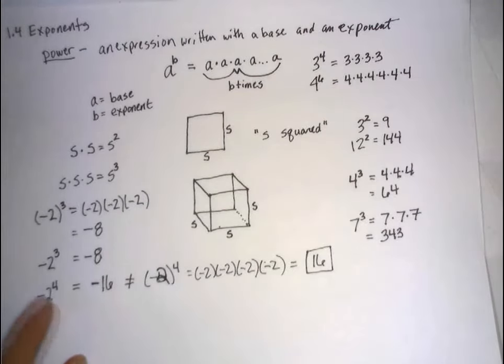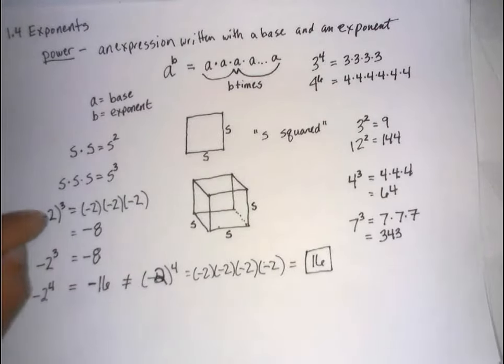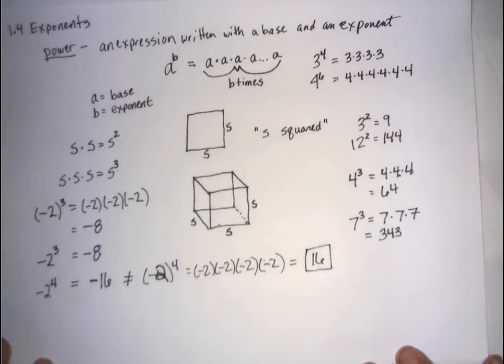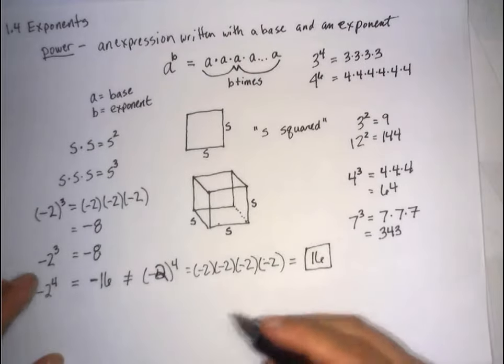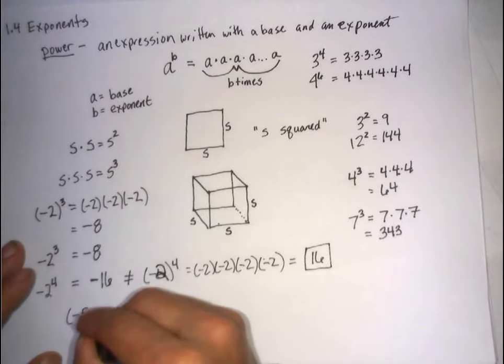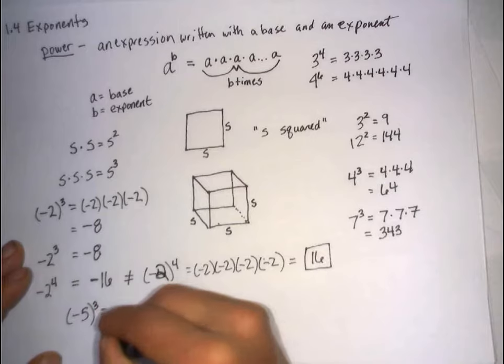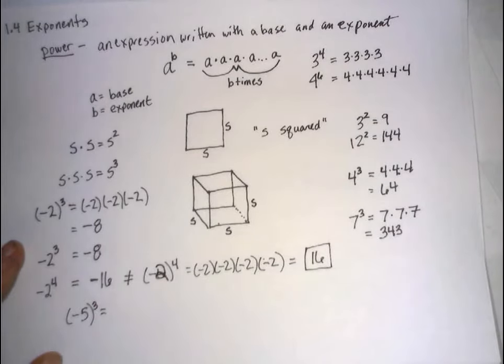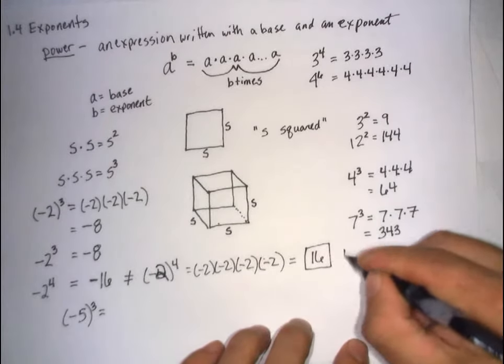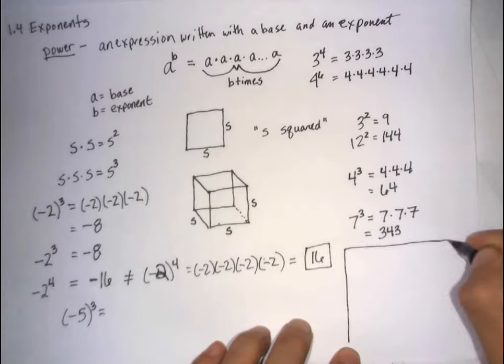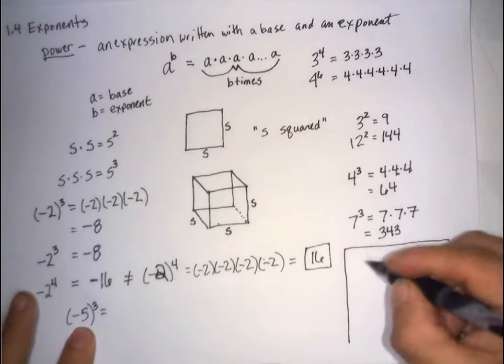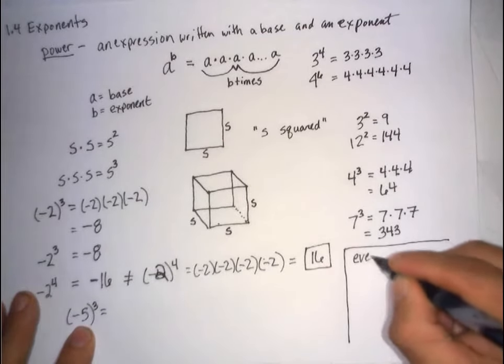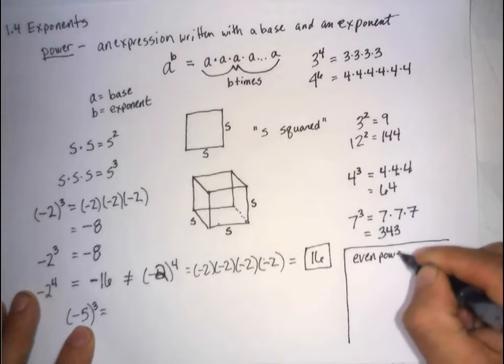You really need to be careful with these negatives when the sign is even, because there is a difference between the two of those. So let's find some more. What about negative 5 cubed? Well, a good rule of thumb here: if we're finding a negative like this, if it's an even power, it's positive.